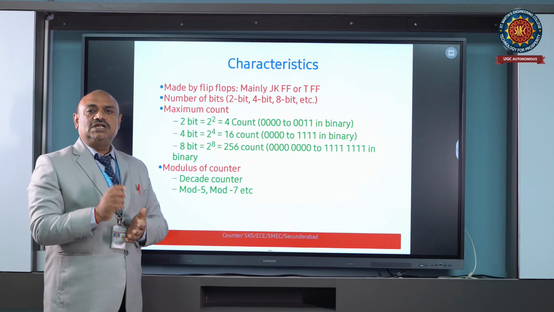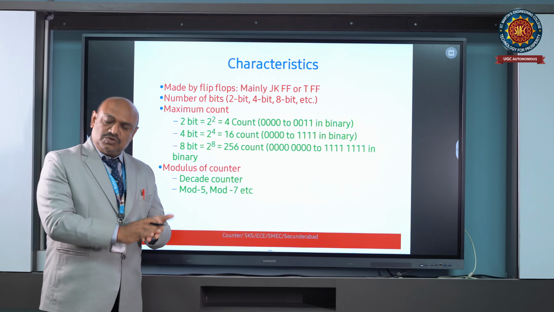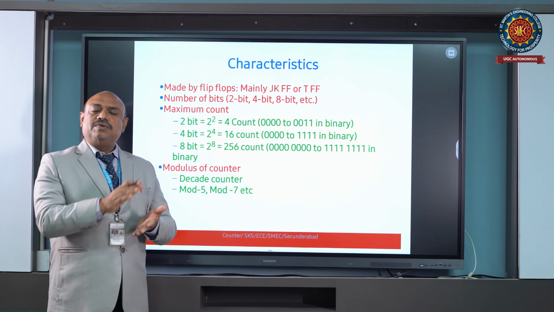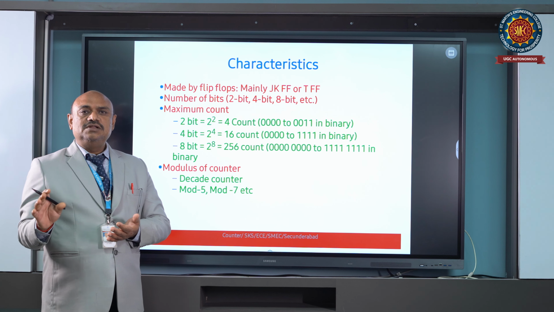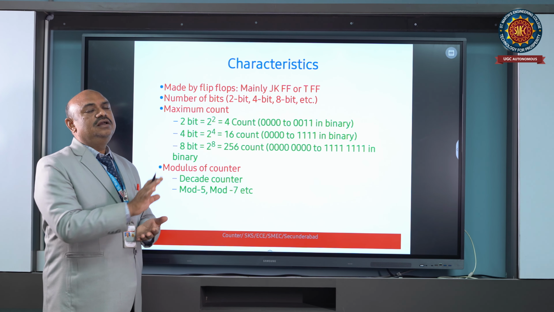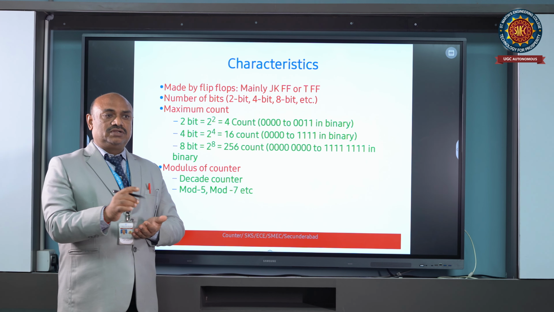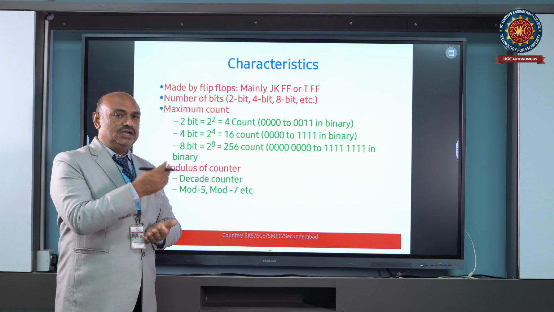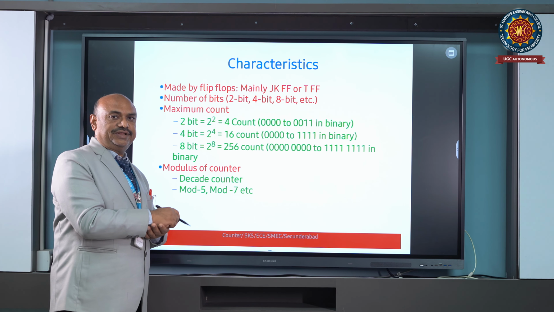Basically, 2 types of flip-flop are used to design the counter. D flip-flop and SR flip-flop can also be used, but the JK flip-flop and T flip-flop are meant for designing the counter. Why? I'll tell you: because of their toggle property.